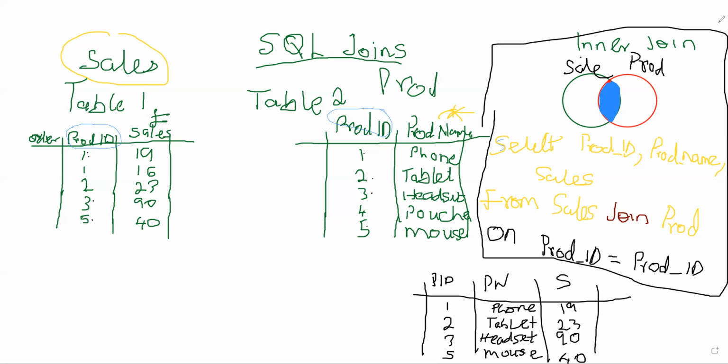Left outer join means everything on sales, every column, every piece of information on sales. But at this point, sales is a fat table, so we'll have a lot of repetition.